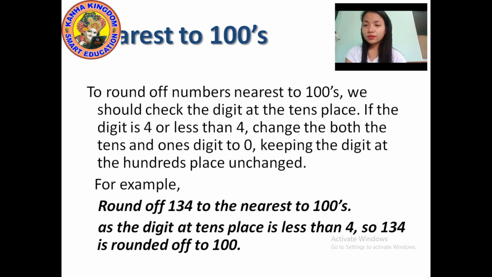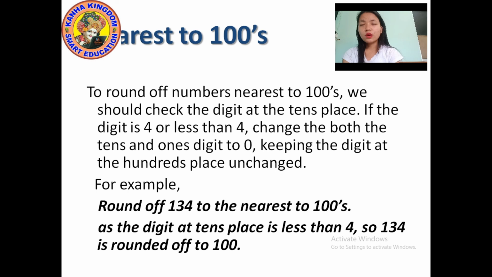If the digit is 4 or less than 4, change both the tens and ones digits to 0, keeping the digit at the hundreds place unchanged. You don't have to change the digit at the hundreds place.